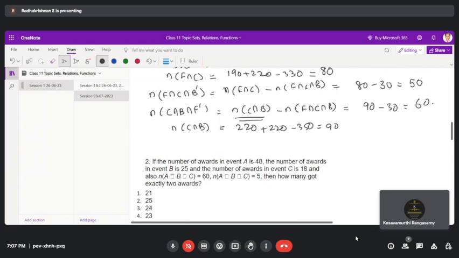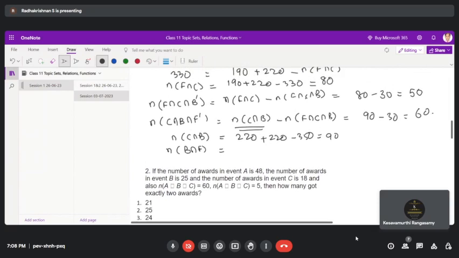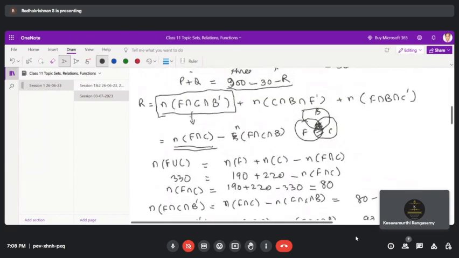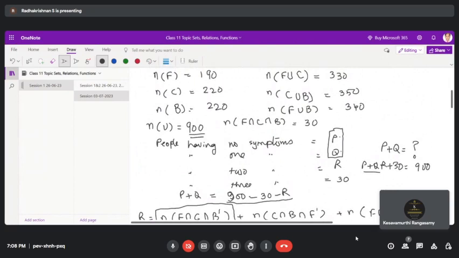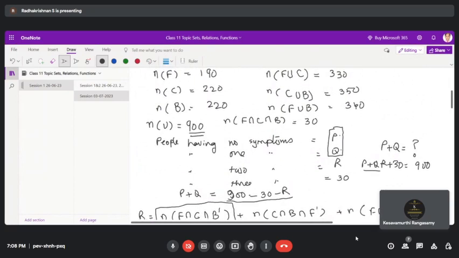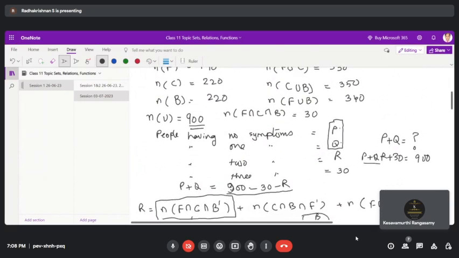In the same way, you calculate N of B intersection F. What is B intersection F? 190 plus 220 minus 340.